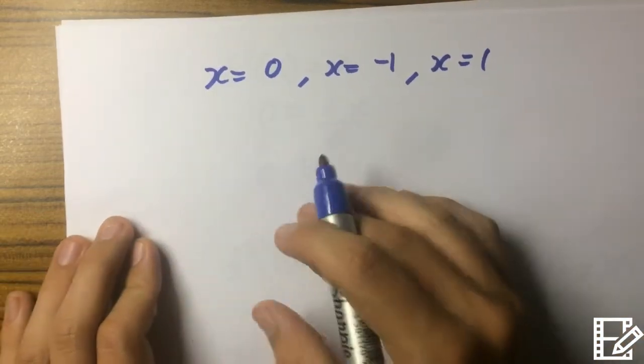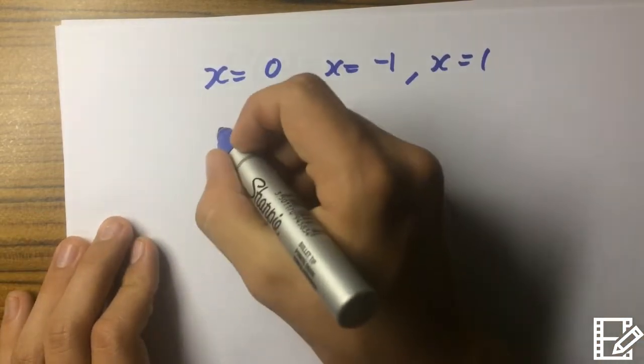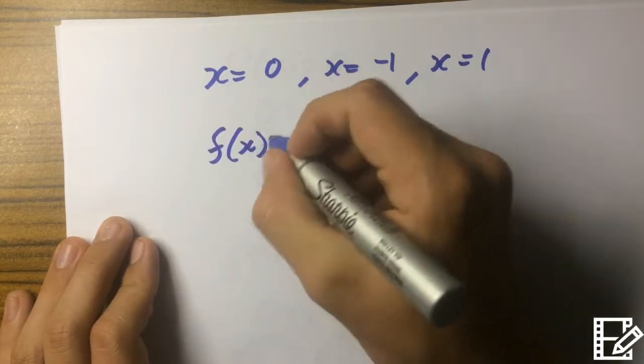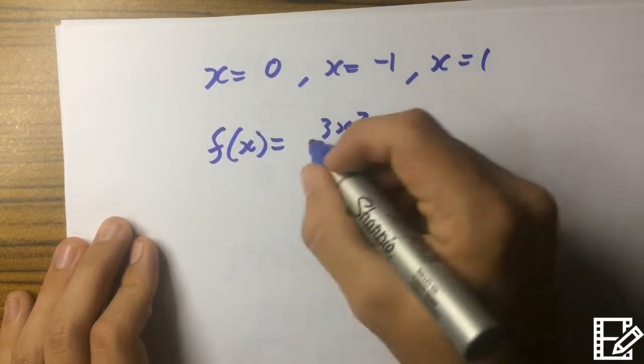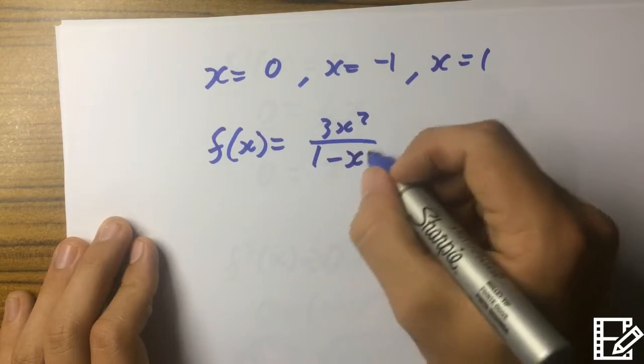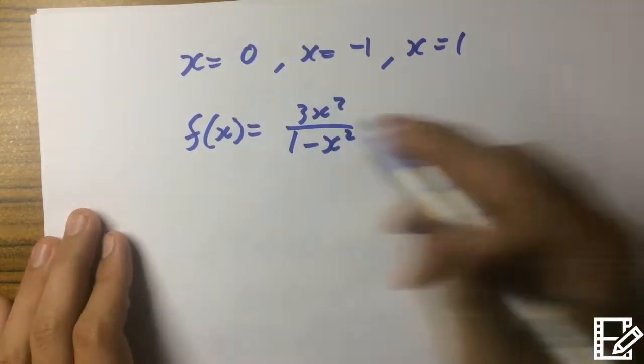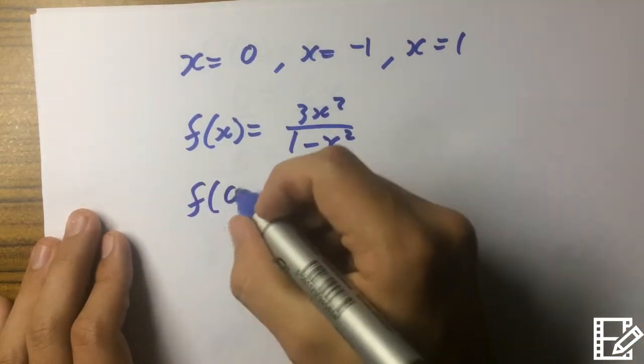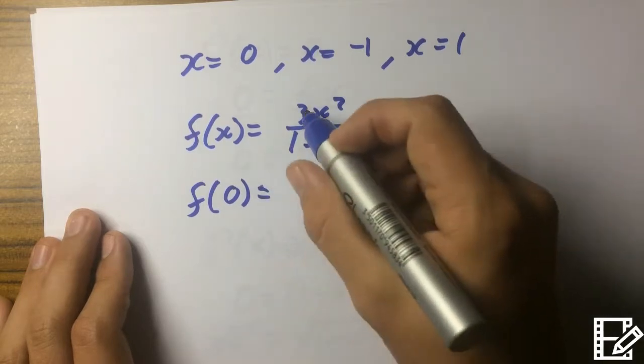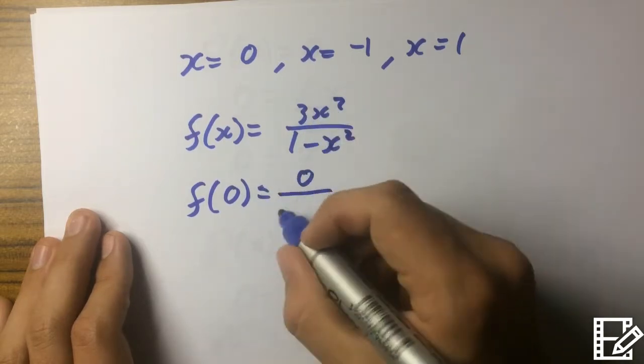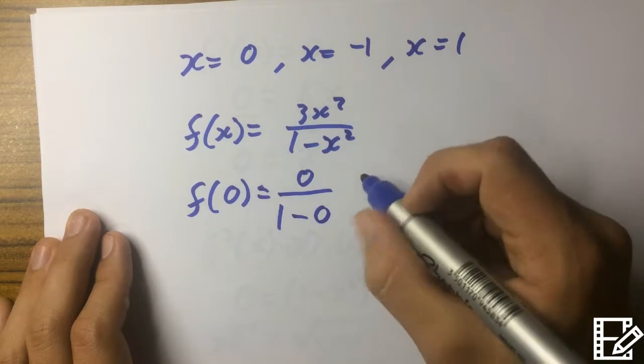Now we're going to sub that back into the original function. The original function was 3x squared over 1 minus x squared. Okay, so we're going to sub in 0. It's going to give us 0 on top, 1 minus 0.